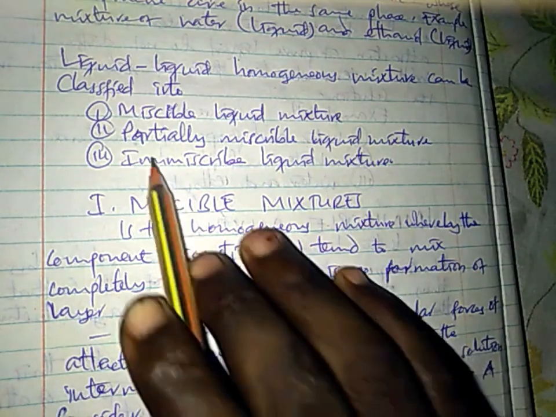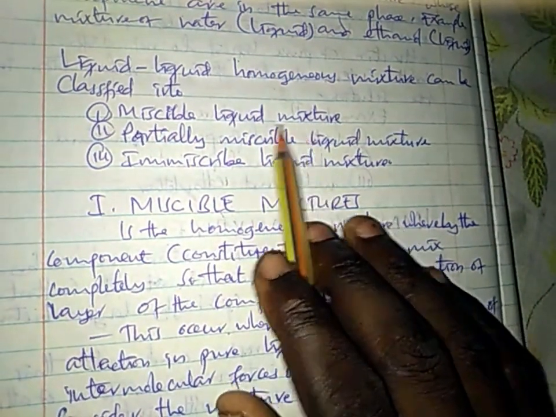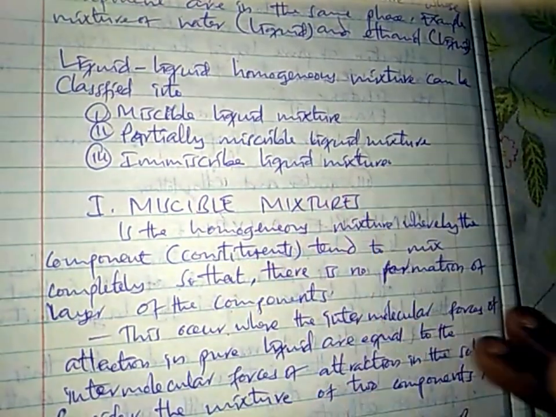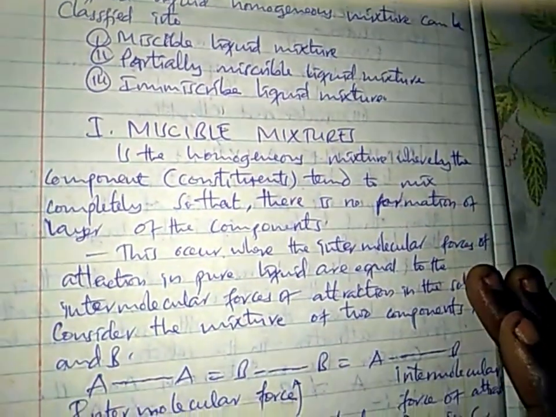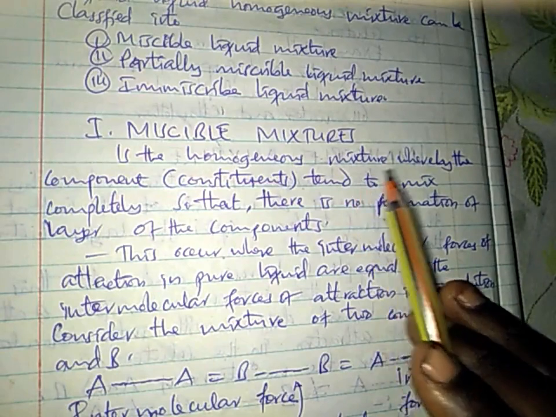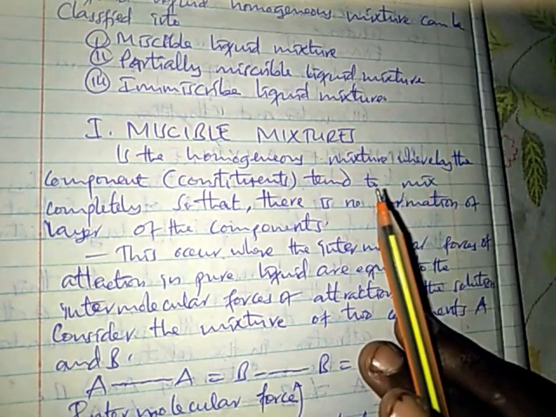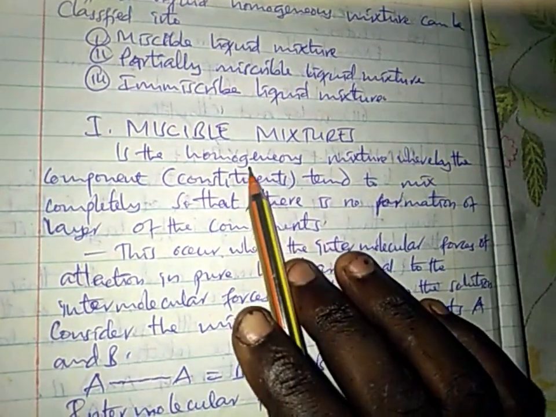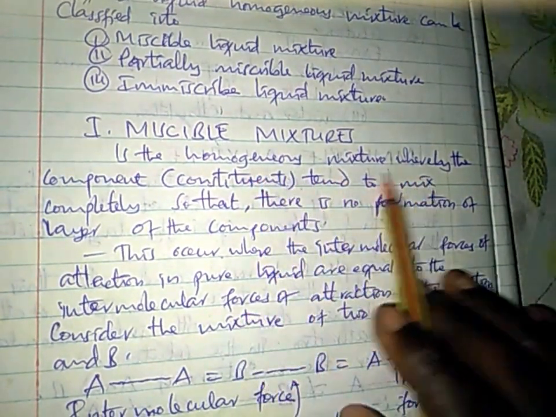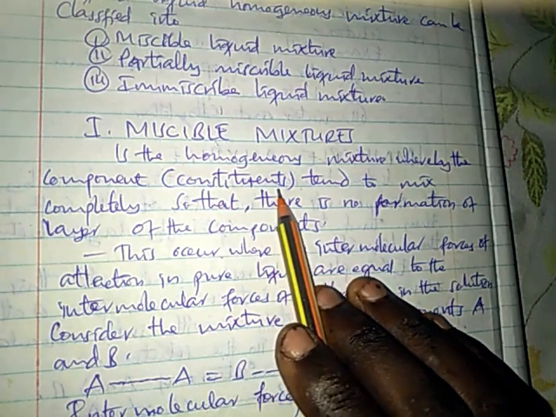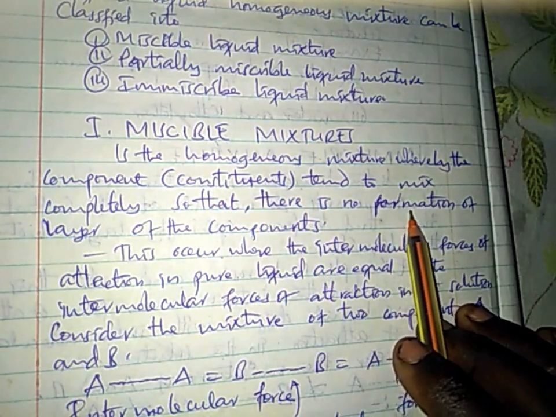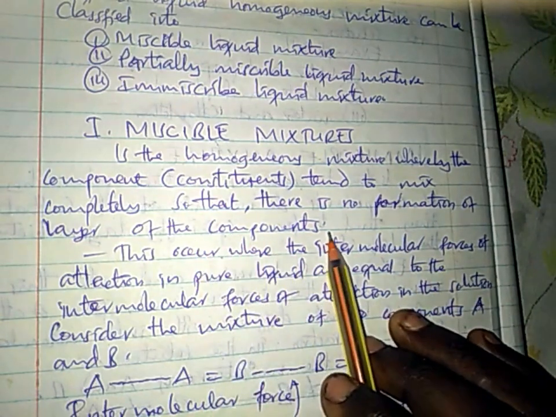The first group is miscible liquids, then partially miscible liquids, then immiscible liquids. Miscible liquids are the homogeneous mixture whereby the component constituents tend to mix completely so that there is no formation of layers of components.